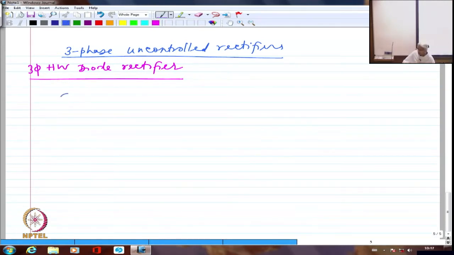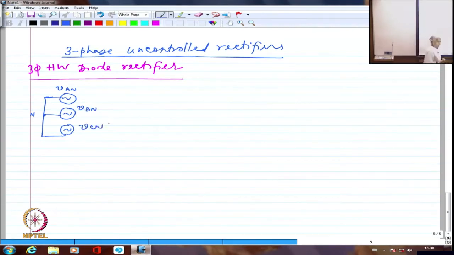So let us say I have 1, 2 and 3 phases. These are the three phases. So let me call this VA,N, this is probably neutral, and this is VB,N, and this is VC,N. Three phase voltages which are 120 degree shifted from each other, and I am assuming balanced voltages.